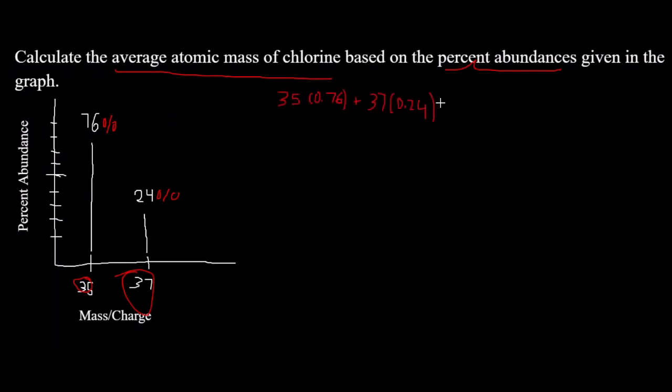And now if we plug this into our calculator, we will get 35.48. And if we look at chlorine's actual atomic mass, it is 35.45, which is close enough to the number we got. So this is the atomic mass that we got based on the percent abundances given.